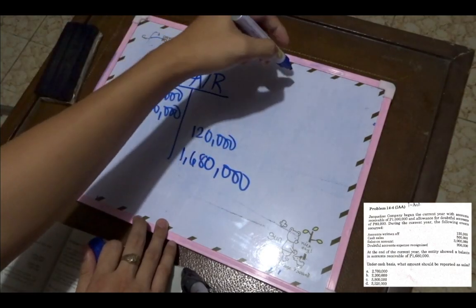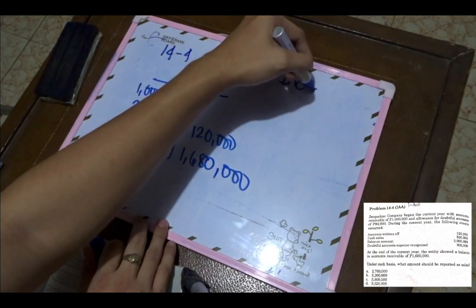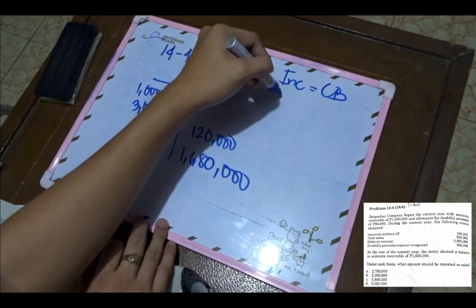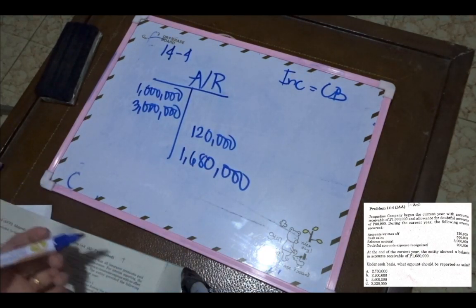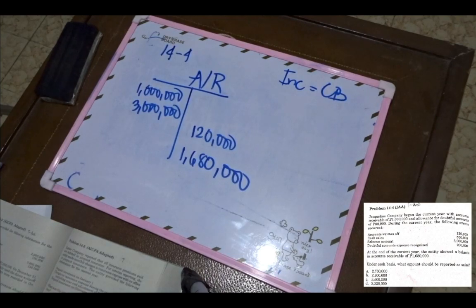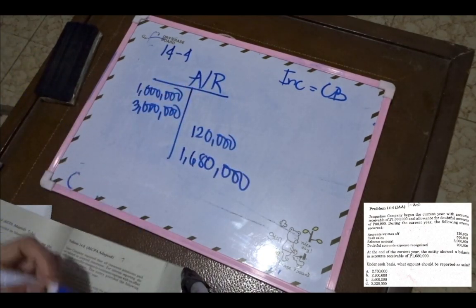So the question is the same. Compute the income to be reported under cash basis. So as we know, under cash basis, we add cash collections from AR and cash sales. So first we determine the cash collection and later on we add cash sales.